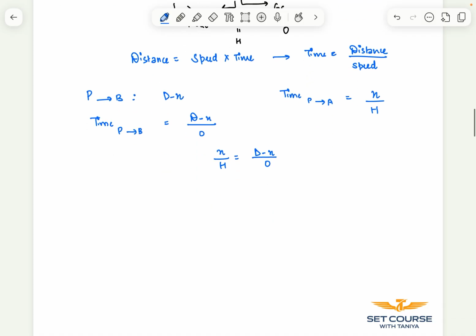Cross multiplying, we'll have our equation as Ox equals H(D minus x).